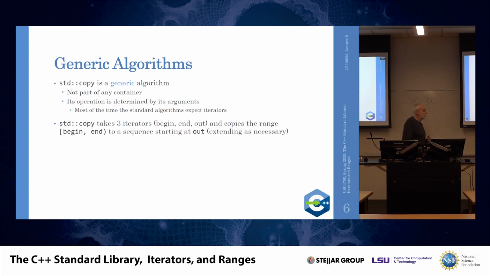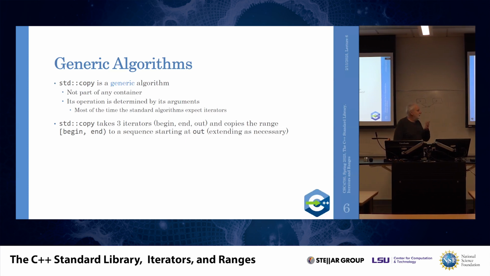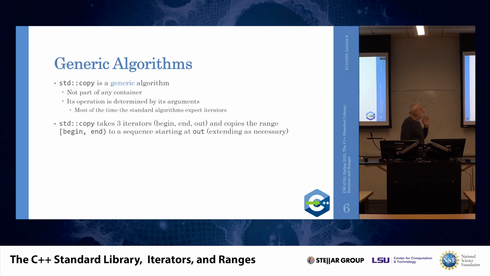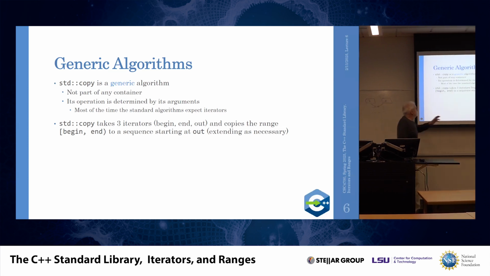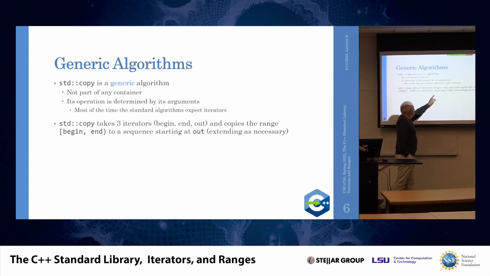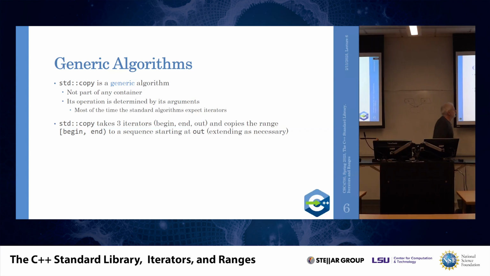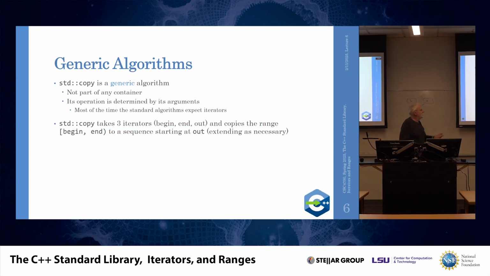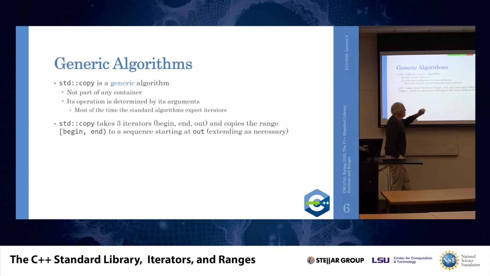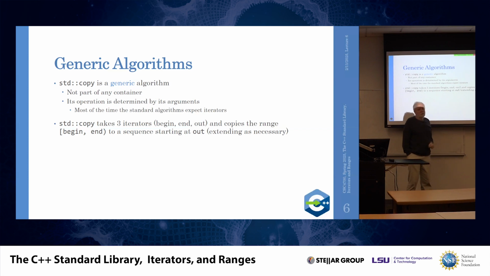Obviously, it's not part of any container, but what it does is copy all elements that are given between the first two arguments, which refer to a source region, to a sequence that starts at whatever is given as a third argument.